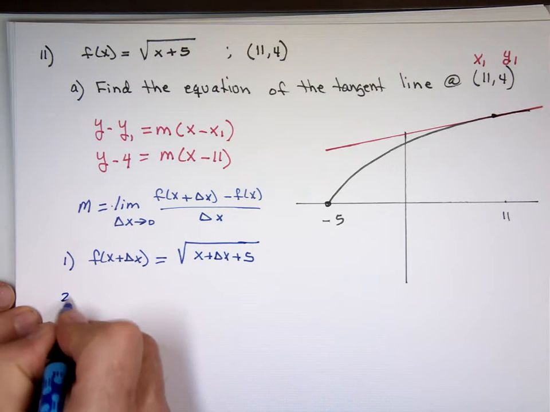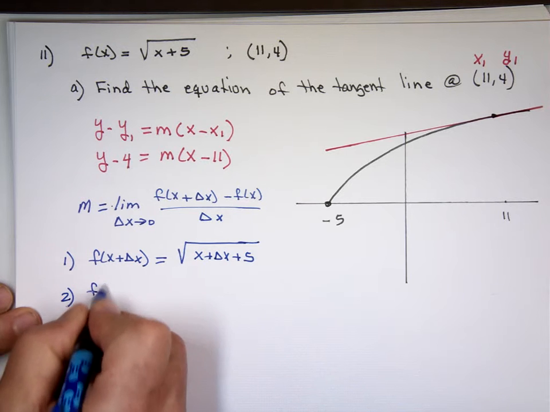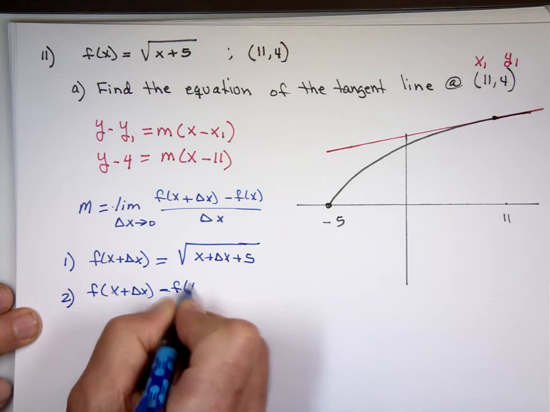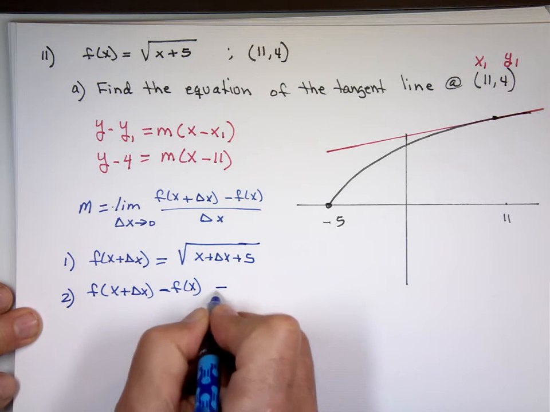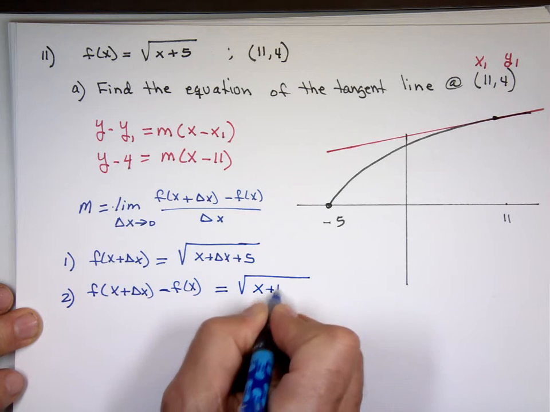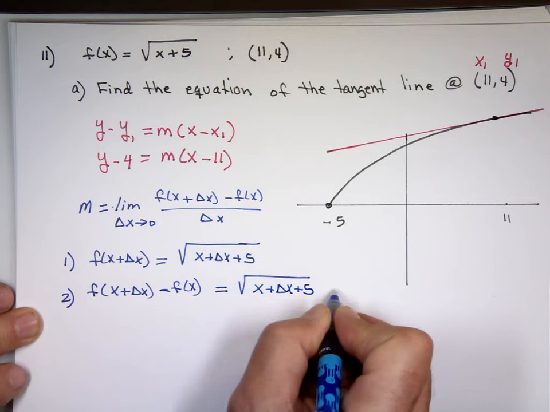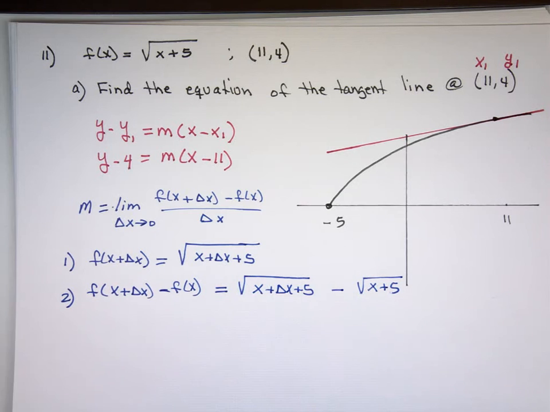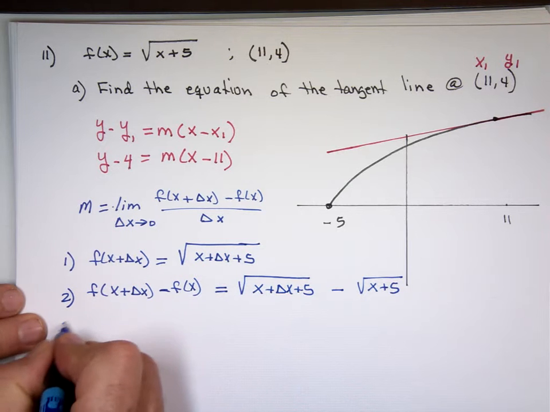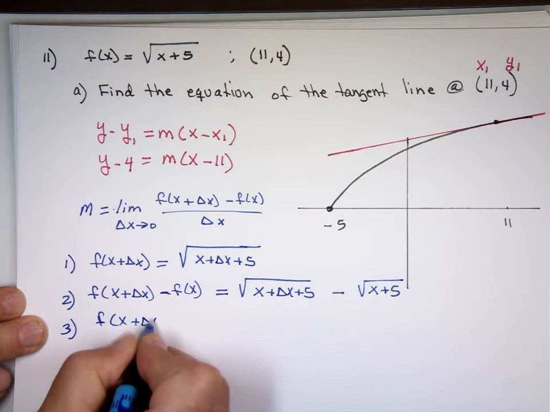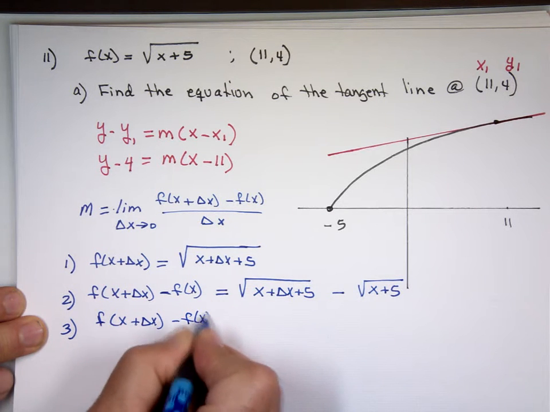Step number 2, take the difference. x plus delta x plus 5 minus f of x, which is, and you can't simplify these two. Step number 3, take the answer, bless you, and divide it by delta x.